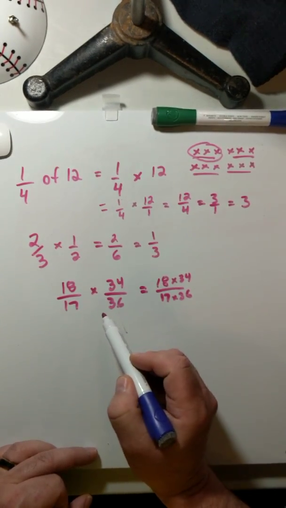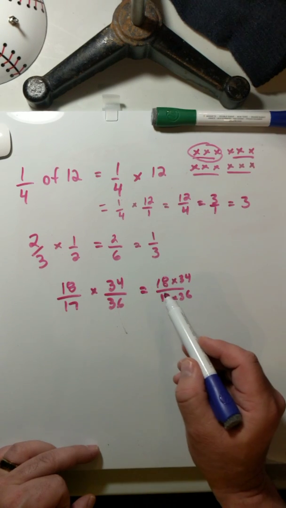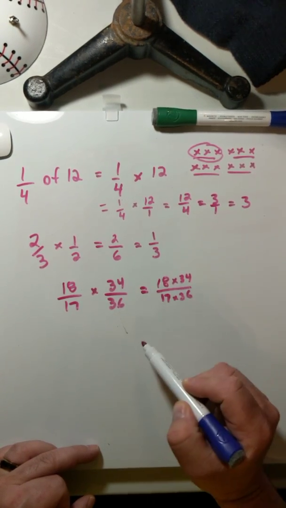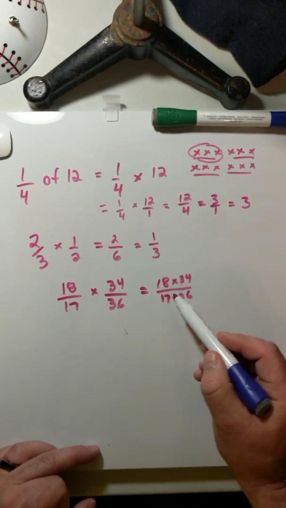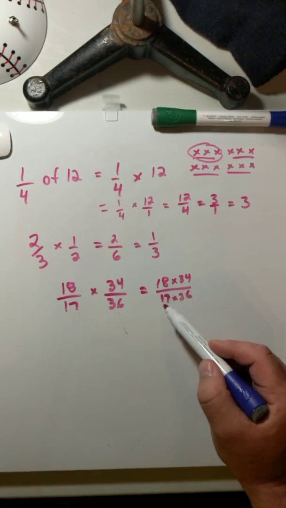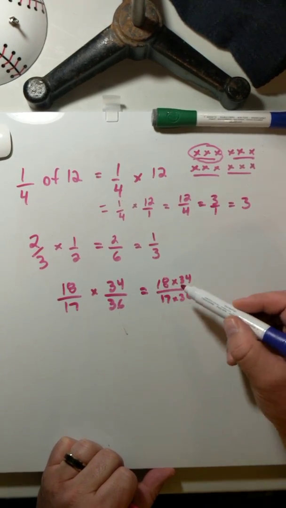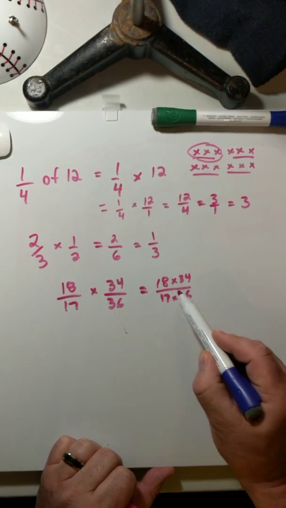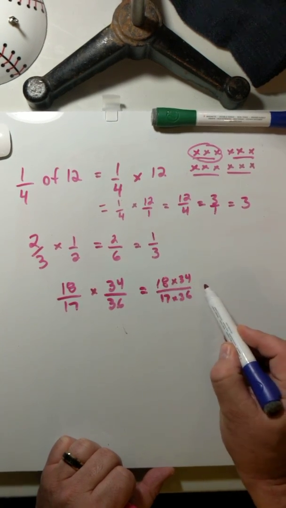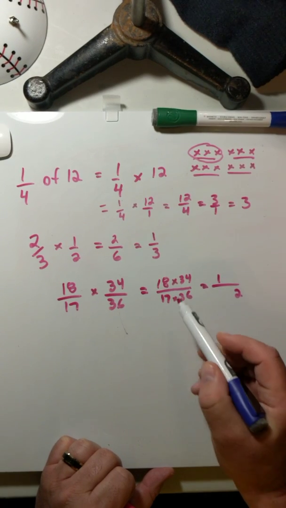So my suggestion is to look at that, realize that you're multiplying straight across, but remember that this fraction really stands for a division. And so if we look carefully at this, we can see that, hey, if I was just looking at reducing fractions here, 18 over 36 could reduce to 1/2.